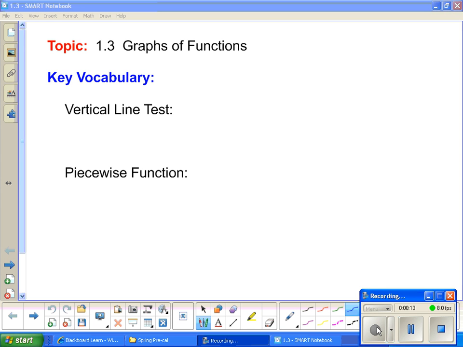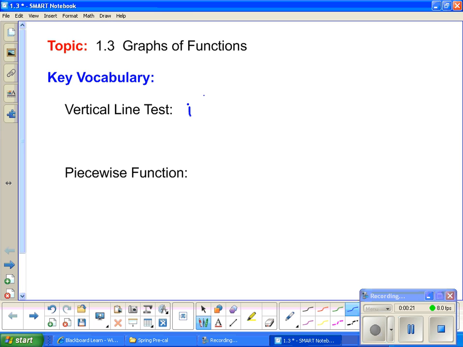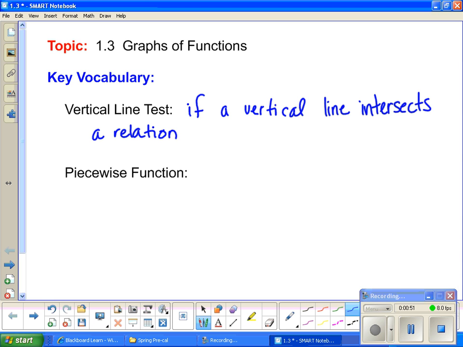The vertical line test states, or can test to see if something is a function: if a vertical line intersects the graph of a function, or the graph of a relation, if a vertical line intersects a relation at only one point, then it is a function.